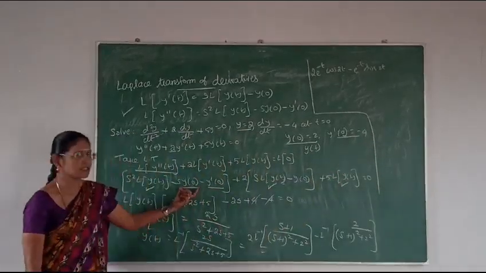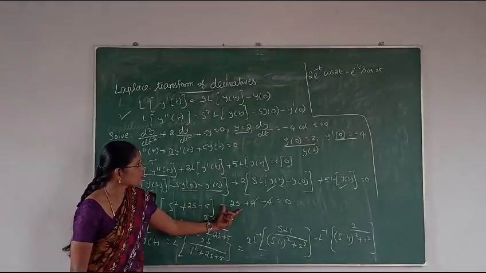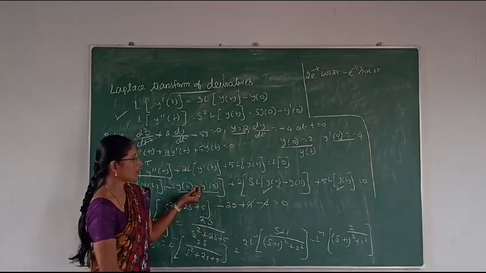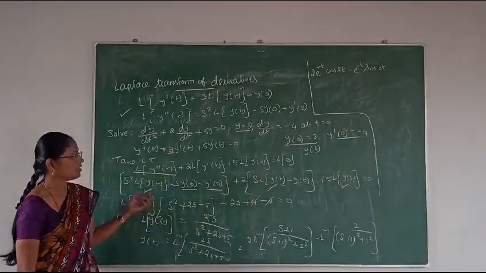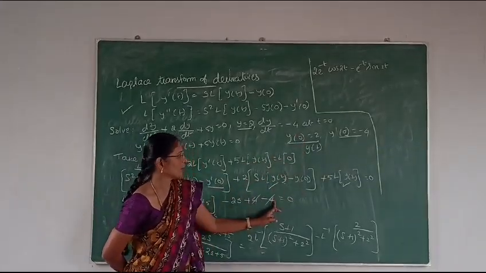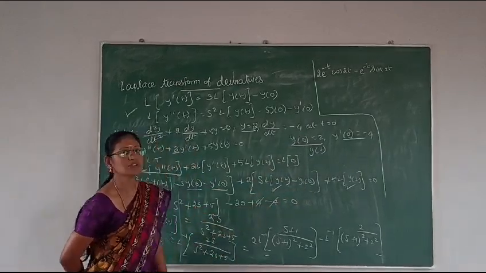So those two values can be substituted here. Y of 0 is 2, so minus 2s. Y dash of 0 is minus 4, already we have one minus, so plus 4. Then this term is already grouped. The remaining term, y of 0 is 2, so minus 2s. 2 into the value 2 is 4. On the right hand side we have 0.